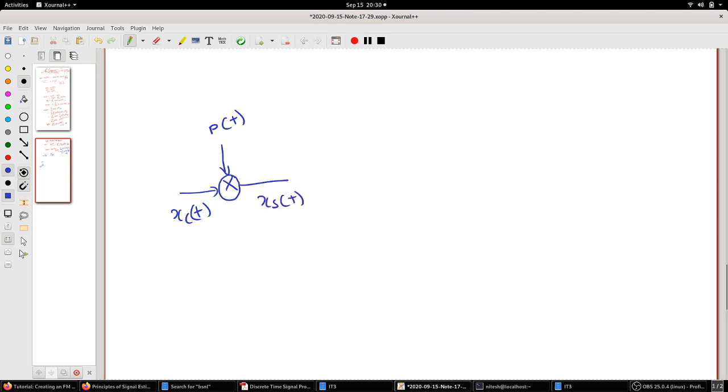The whole thing was converted from an impulse train to a discrete time sequence.